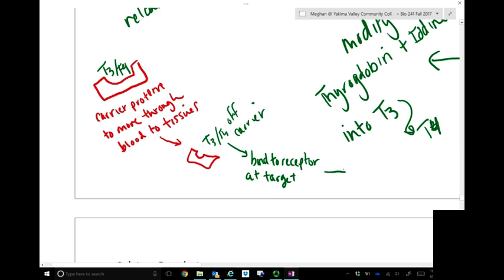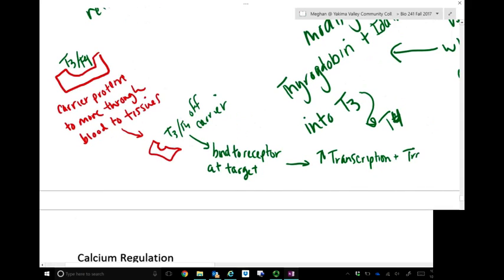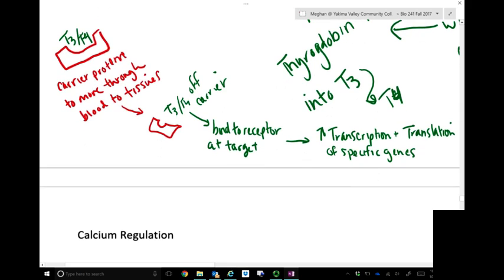And that, in turn, is going to increase transcription and translation of specific genes. Which in turn is going to increase metabolism.